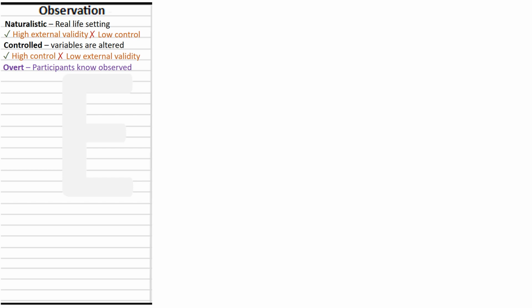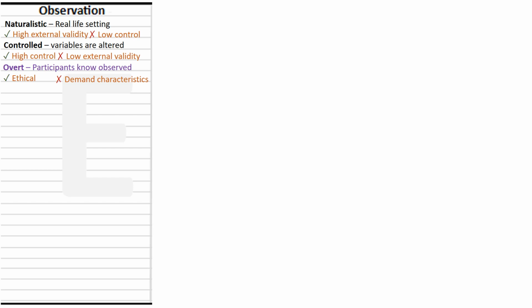Okay, overt. This is where participants will know that they're being observed. You'll be stood there with a clipboard and they can see you right there, and they know what's going on. Now you can straight away think of some downsides to this. If you know you're being observed and you can figure out why you're being observed, you might switch your behavior to match what you think the observer wants to see.